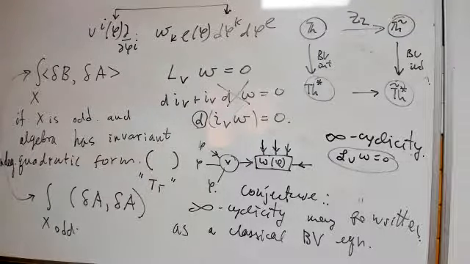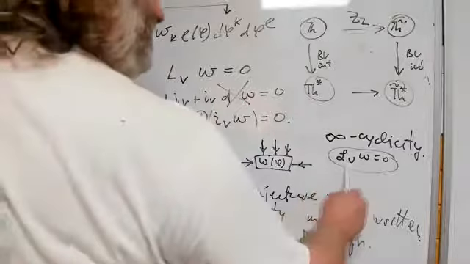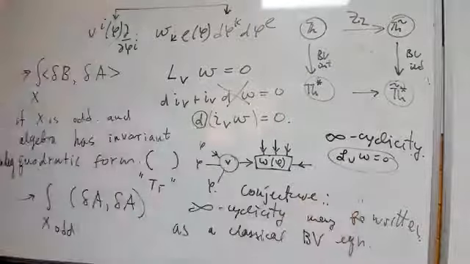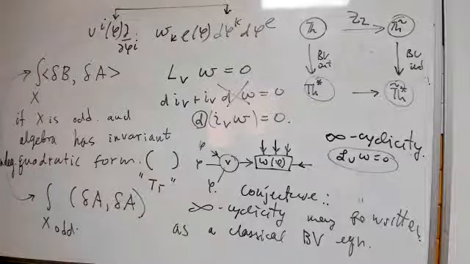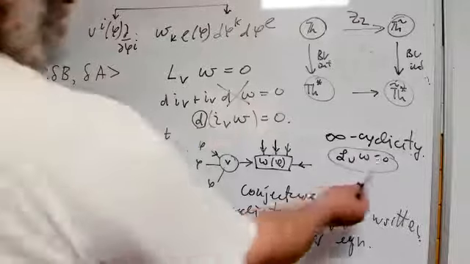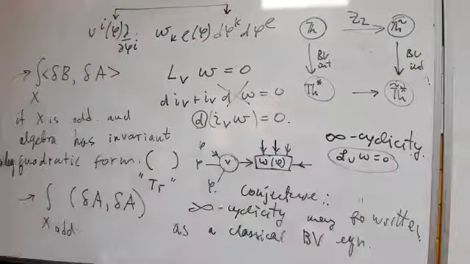So we know that the condition that is called invariance could be written in the BV form, right? So we know it. So somehow we have to put it together.